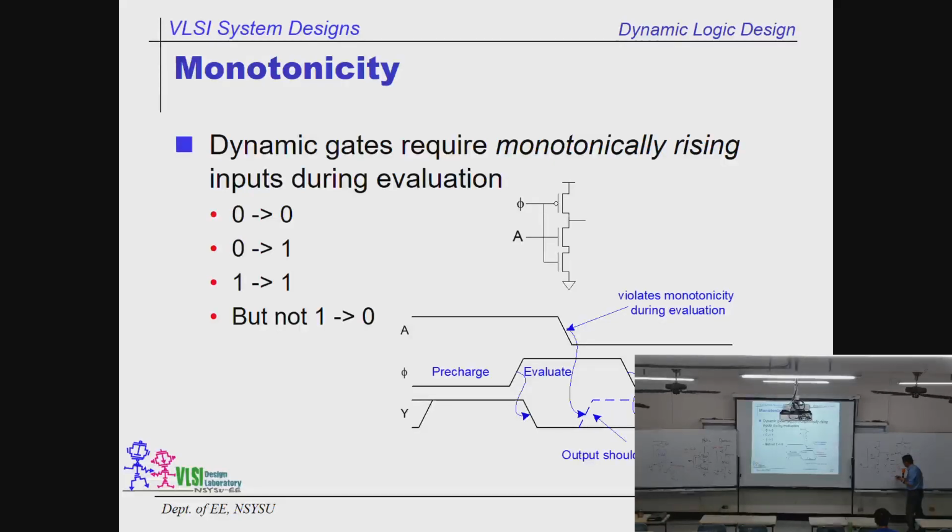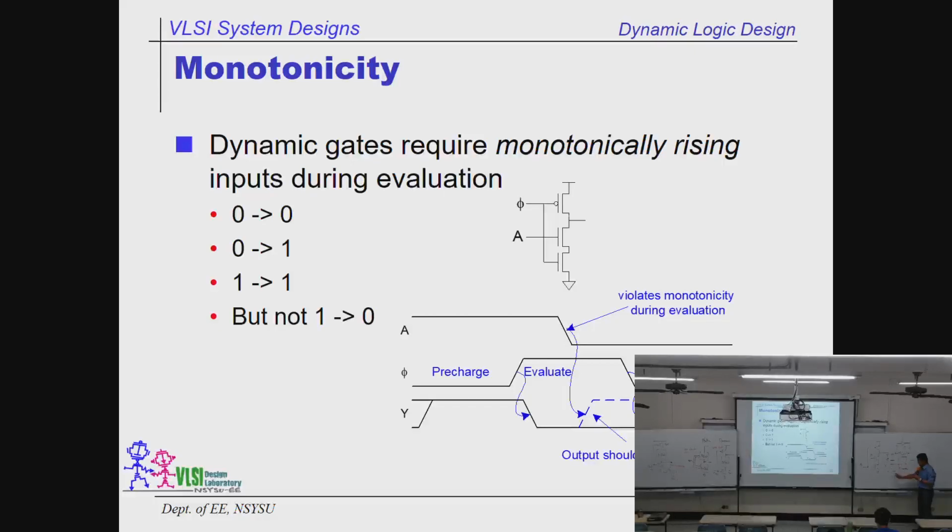If A is 0, then even though the clock is pulled high from the pre-charge phase, the output will stay high. Okay, no problem at all.